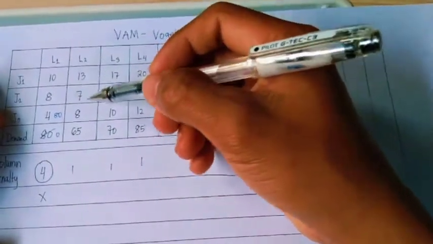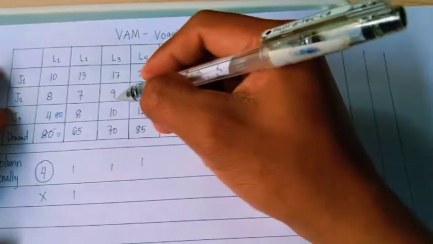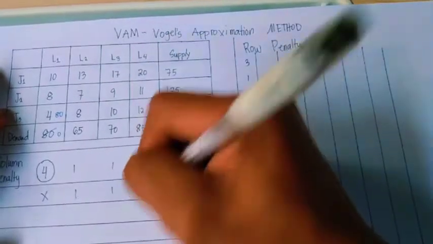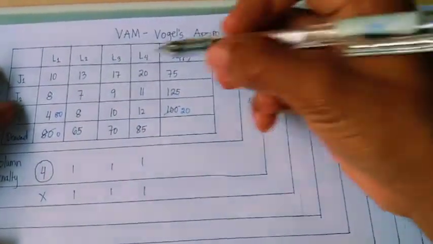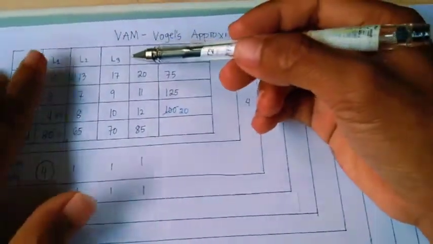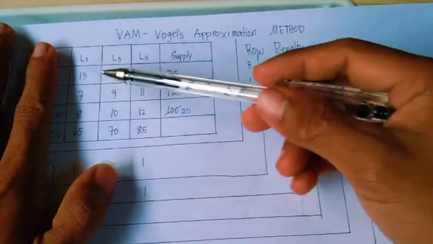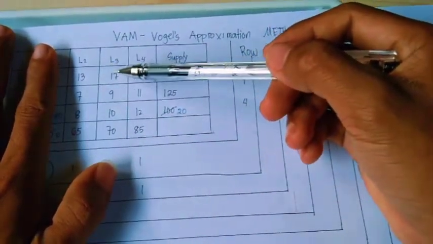Then same process: 8 minus 7 is equal to 1, 10 minus 9 is 1, 12 minus 11 is 1. Since it is satisfied, our next least elements are 17 and 13.